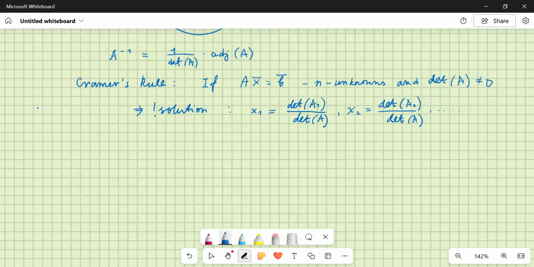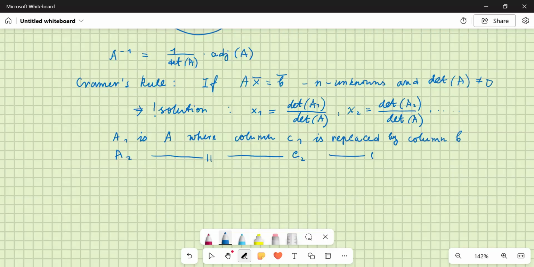These matrices are obtained by replacing columns. A1 is matrix A, where column C1, the first column, is replaced by column B. A2 is the same, but column C2, this is not a cofactor, is replaced by column B. So you take column B and start replacing columns of the original matrix with it.